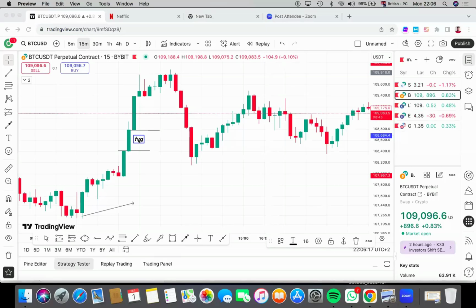Now it's telling us this trend is strong, but not that strong compared to the imbalance one.